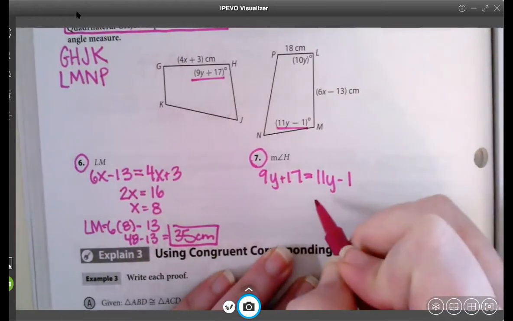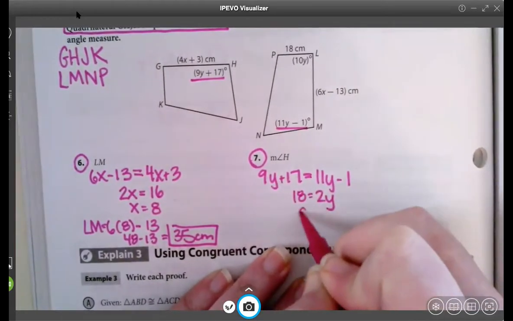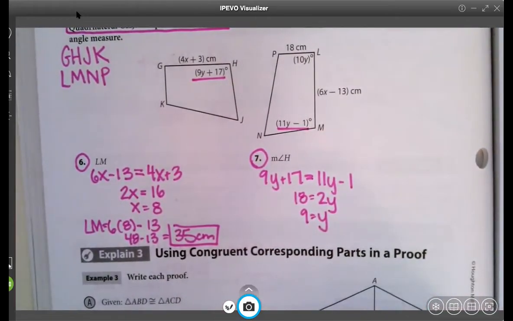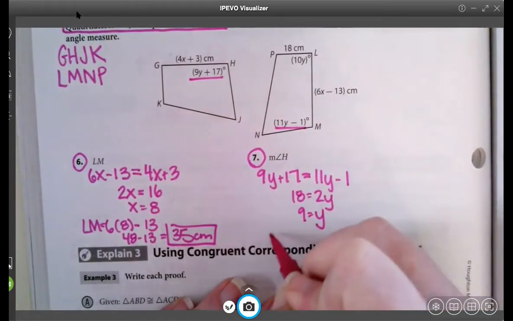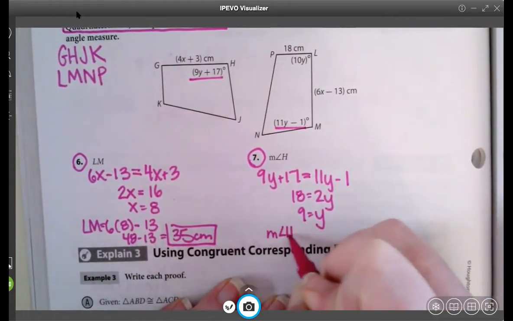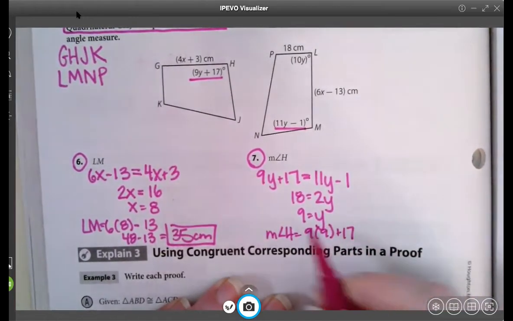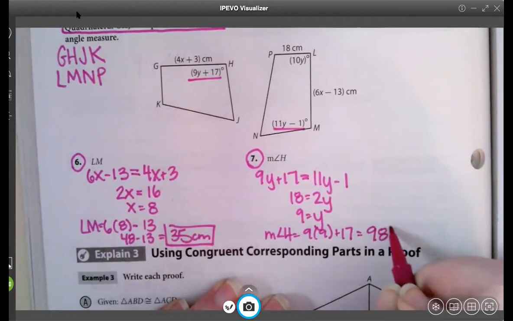Subtract 9y, add 1, divide by 2, 9 equals y. Am I done? No, got to plug it in. So for angle H, 9y plus 17, measure of angle H equals 9 times 9 plus 17. So that's 81 plus 17, which is 98 degrees.